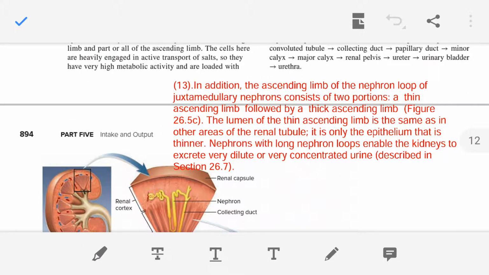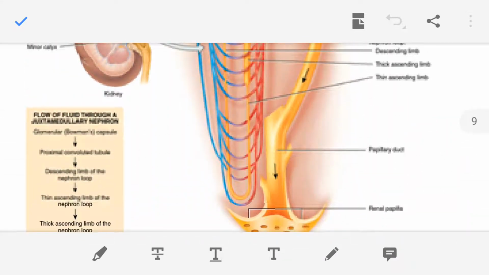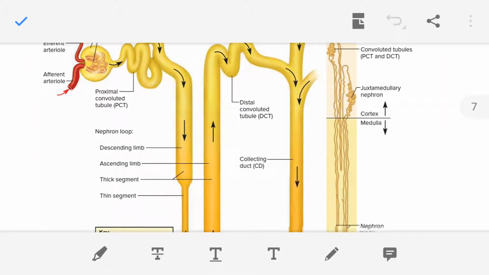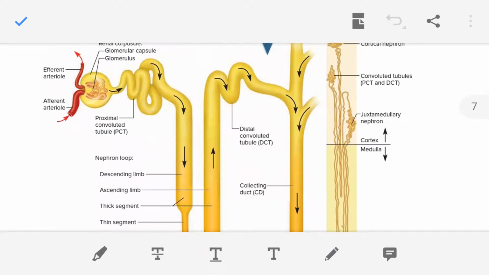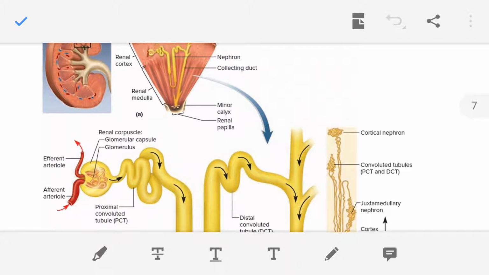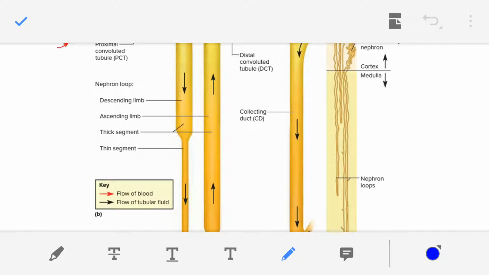See what they are trying to explain to us. Let's say this is the juxtamedullary nephron, okay, and in the juxtamedullary nephron this is the nephron loop, this is the descending limb, okay, then see, larger diameter, so that's why thick segment.